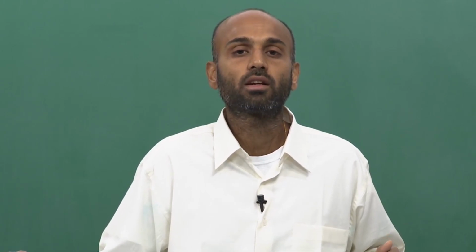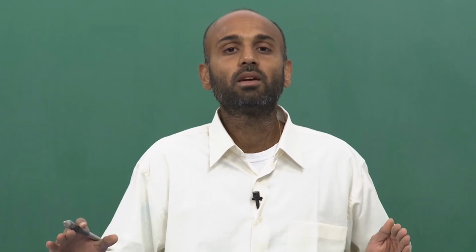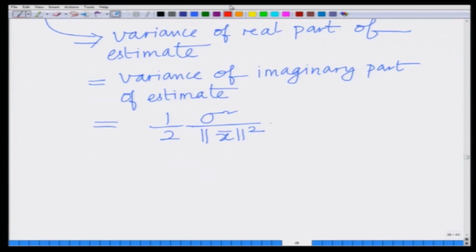The real part and imaginary part each have half of the net estimation error, that is half sigma square divided by norm x bar square. And also one can note that the estimation errors of the real and imaginary parts are uncorrelated.